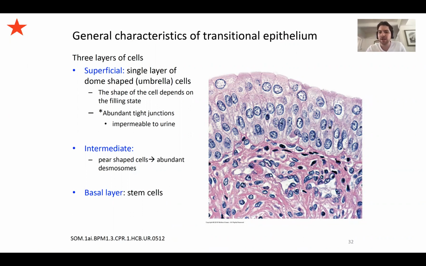The only time you find transitional epithelium is in this urinary system. Okay, so if they're ever talking about that, you have to be talking about the ureters to the bladder to the urethra, that area. And you can kind of see it here. This is, I think I have a better picture of it coming up. Yeah, but this is this transitional epithelium.